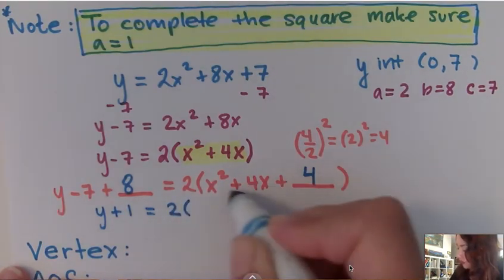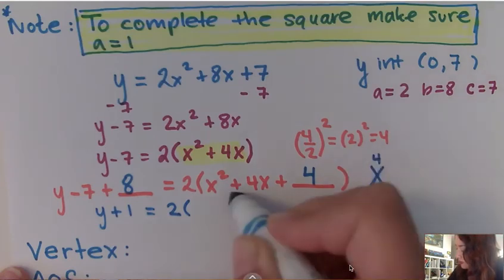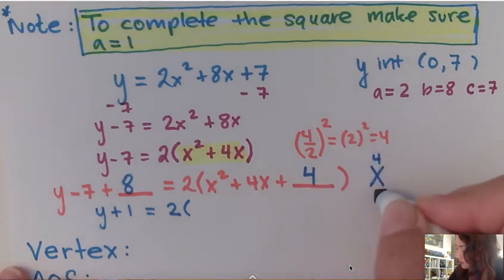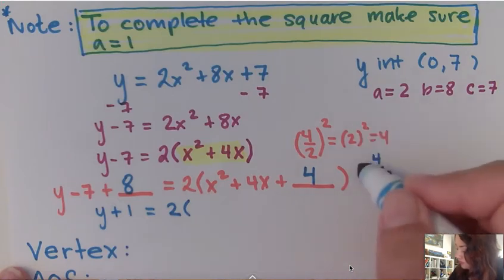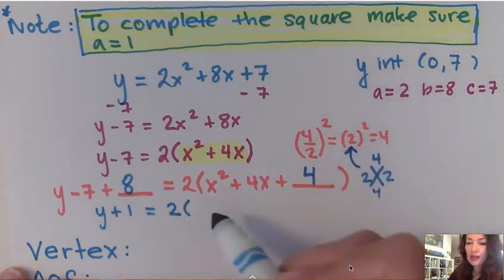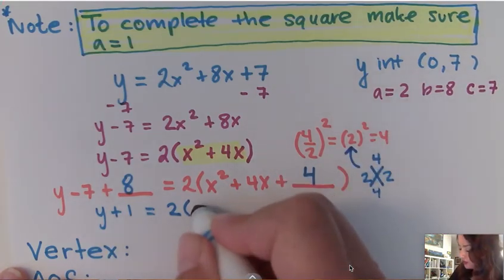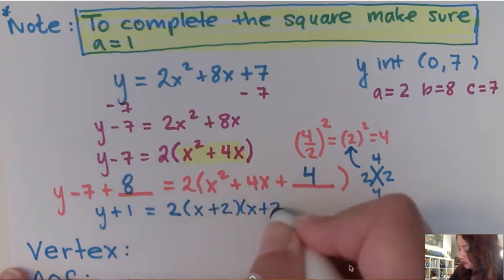And if you recall, when we completed the square, we have 2 numbers that multiply to give 4 and add up to 4, which is 2 and 2. And if you remember from the last video, that will match half of our b. So I can go ahead and already factor this and write it as (x plus 2) times (x plus 2).